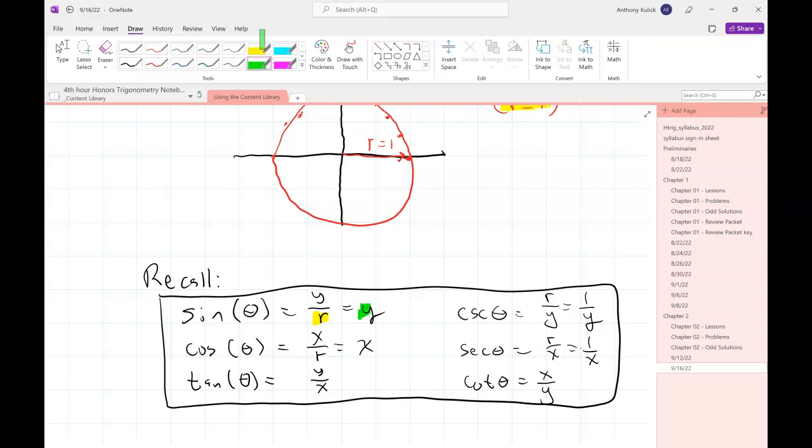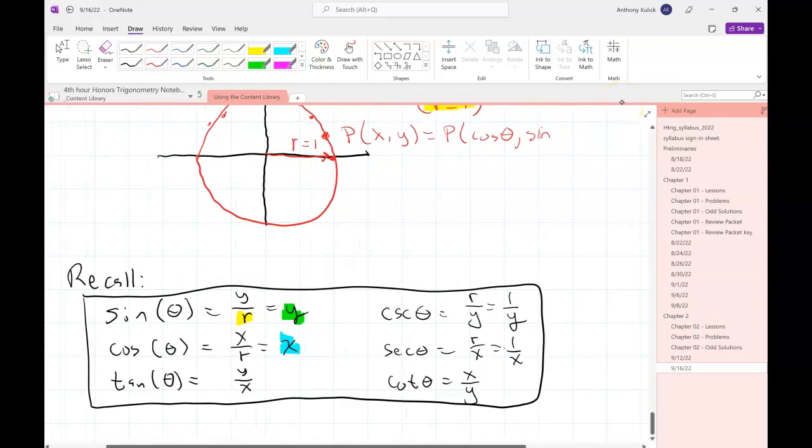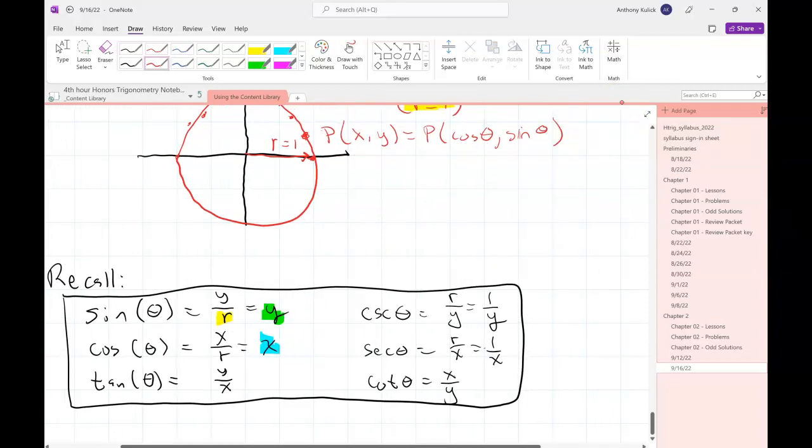So what do you notice here about sine and cosine? The sine is the y-coordinate of your point. Cosine is the x-coordinate of your point. So the points on this unit circle all will be of the form cosine theta comma sine theta.